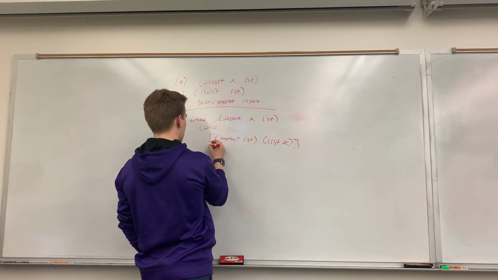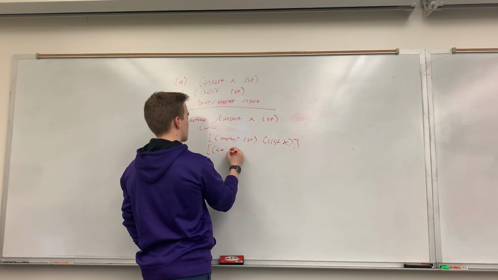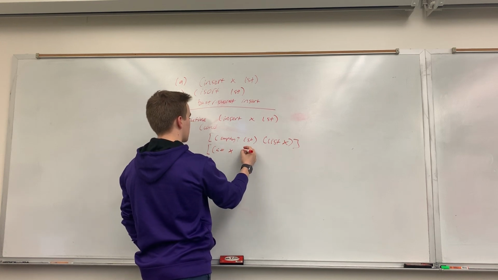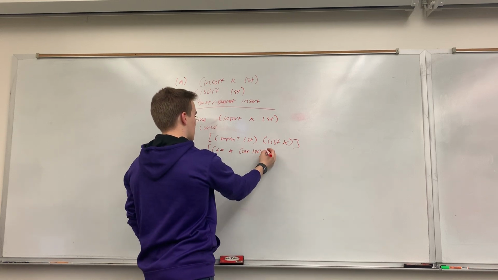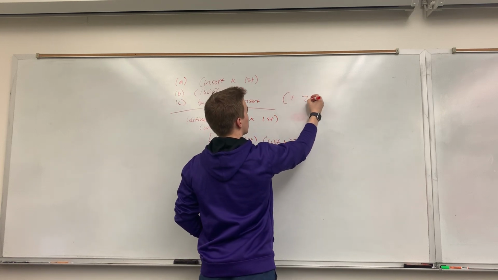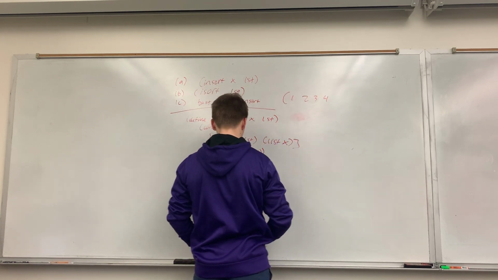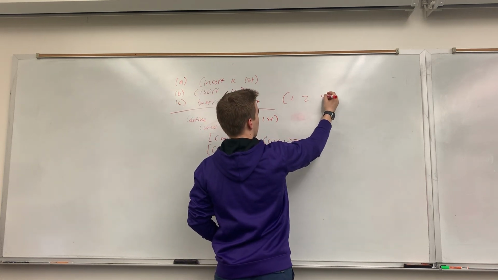Okay, if it's not empty, then we need to check, is our element X less than or equal to car LST? And if it is less than or equal, let's think about it. Let's come up with a better example. 1, 2, 4, and we're trying to put 3 in it.